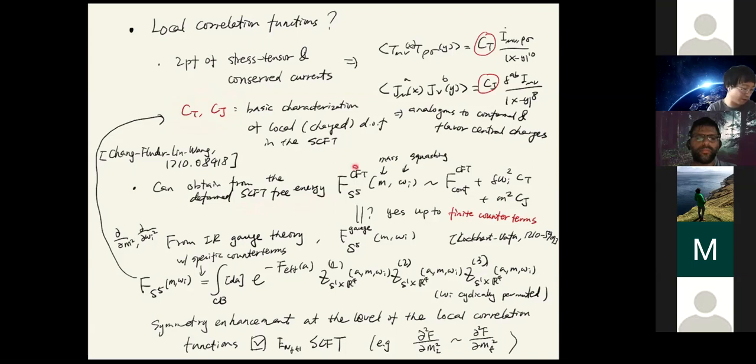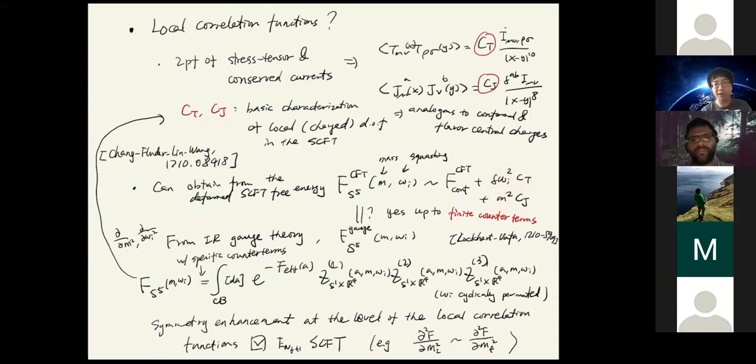In other words, you start from the free energy of the conformal fixed point theory on S5, and you turn on a mass deformation and a squashing deformation that couple to the flavor symmetries and the stress tensor. If you expand in small squashing or mass parameters, the quadratic terms give coefficients proportional to CT and CJ. This translates the problem into computing the deformed free energy of the fixed point, which is still a very hard problem.